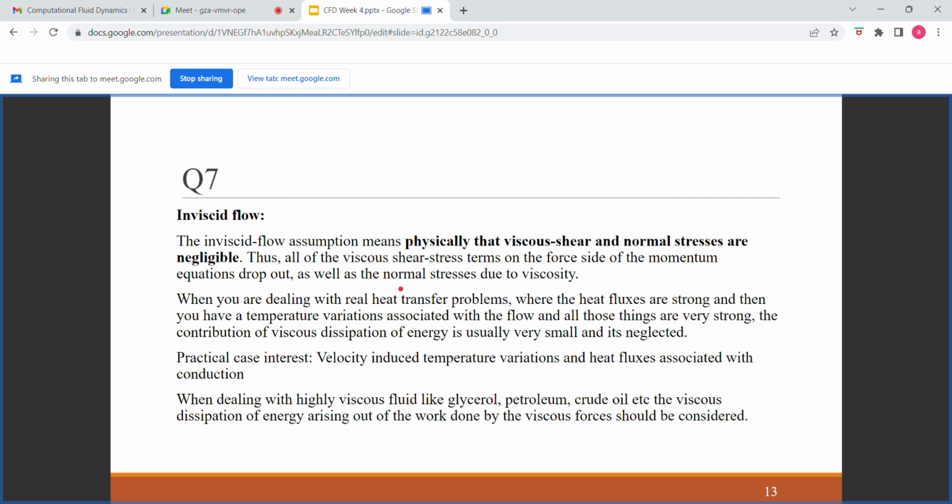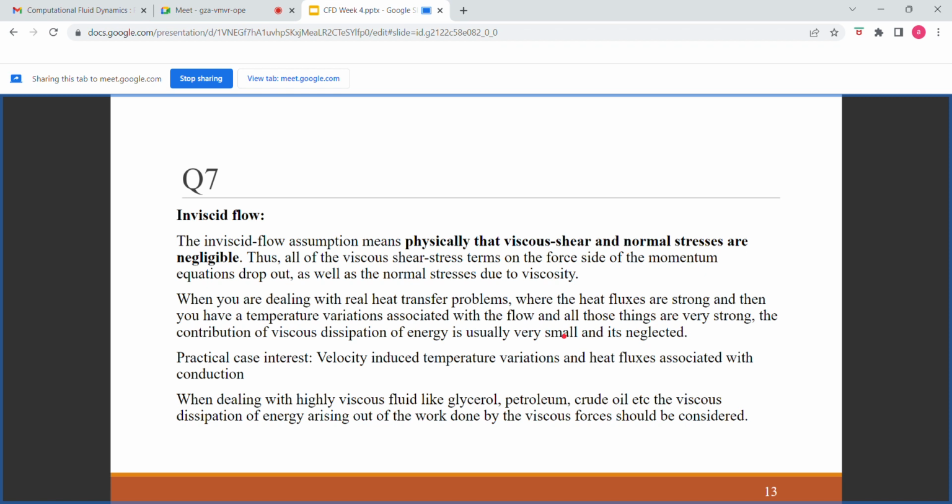This is an assumption case, but when we are dealing with real heat transfer problems where the heat fluxes are strong and you have a temperature variation associated with the flow, the contribution of viscous dissipation of energy is usually very small and it is neglected.